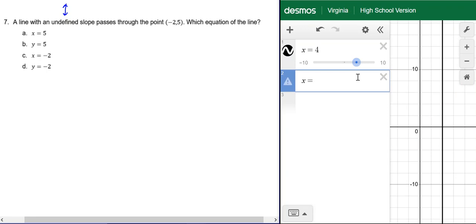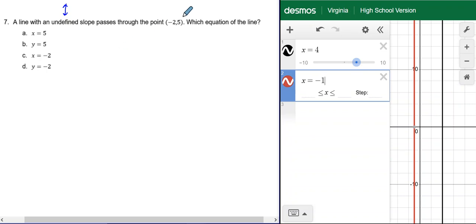Here's another one, -1. So anytime I need a vertical line, it's always going to be x equals. And if you wanted to go through this point, just pick the x coordinate of that. So x equals -2 would actually go through this point.